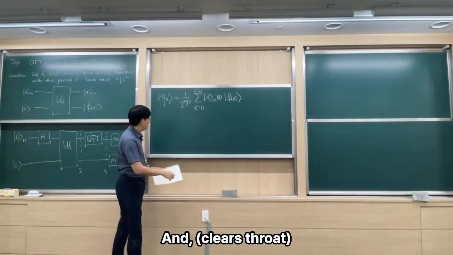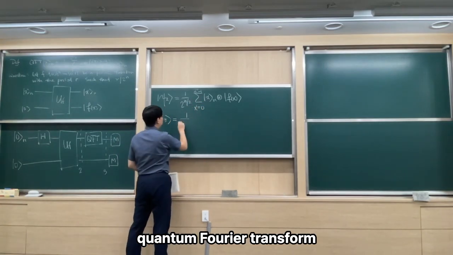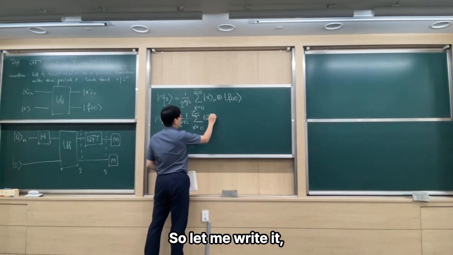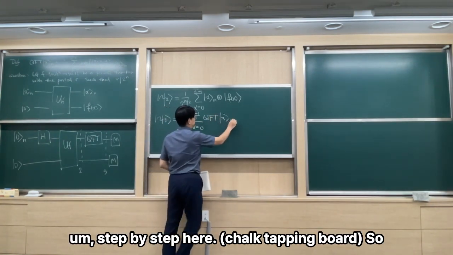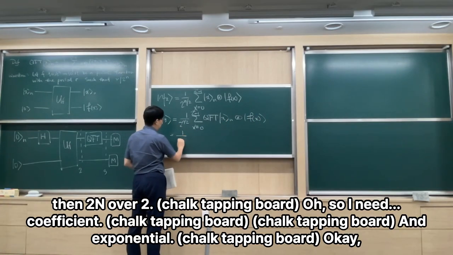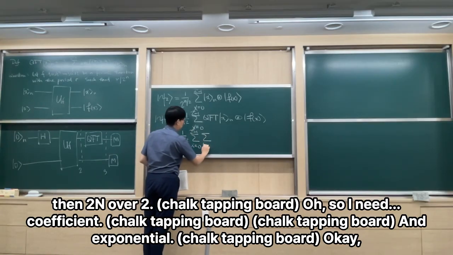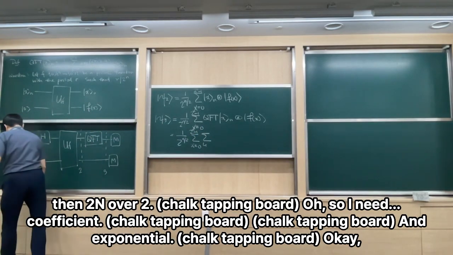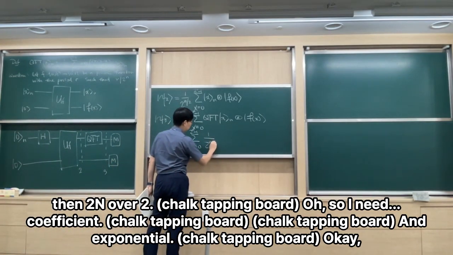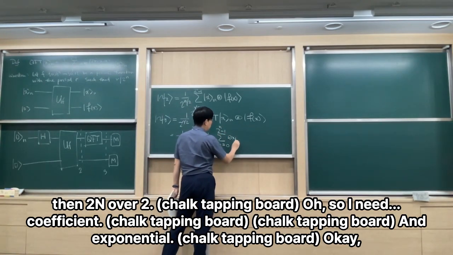And after passing the quantum Fourier transform, we apply the quantum Fourier transform to each of these base states. Let me write it step by step here. Then 2^(n/2), I need a coefficient, and an exponential.